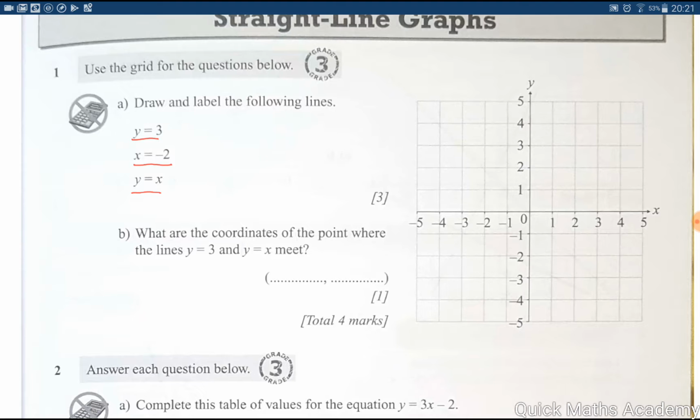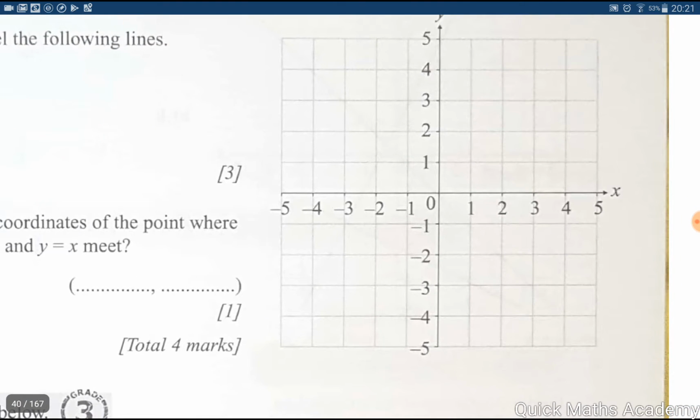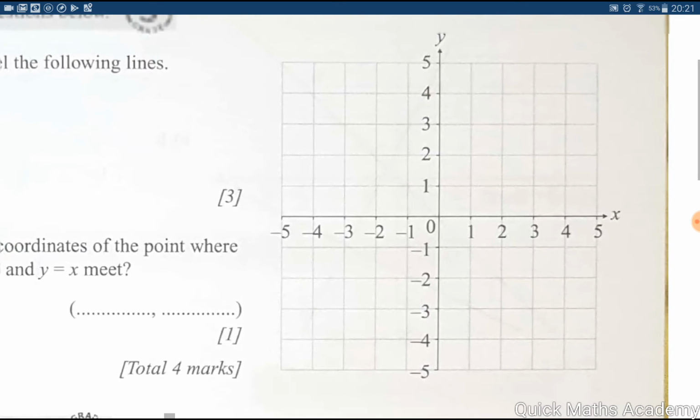Okay, y equals 3. So we see the y in the y-axis, right? So y equals 3. This is the point 0, 3. And in here, I have the point 1, 3.